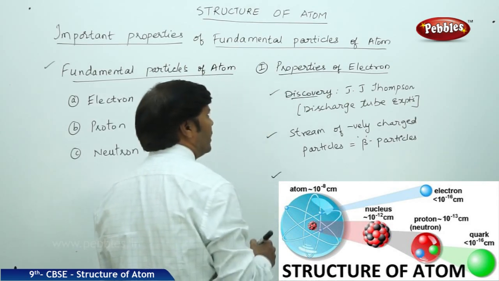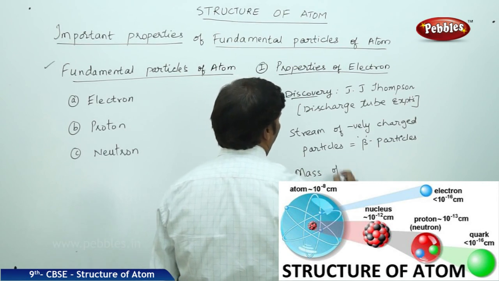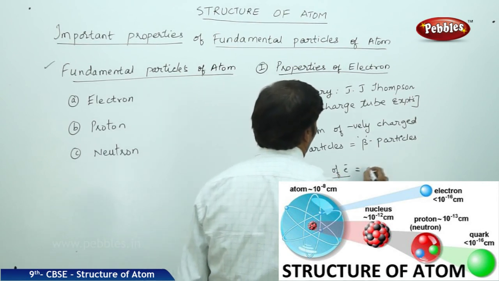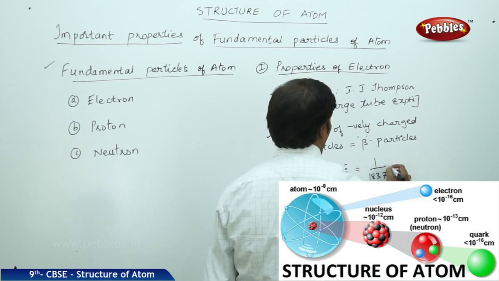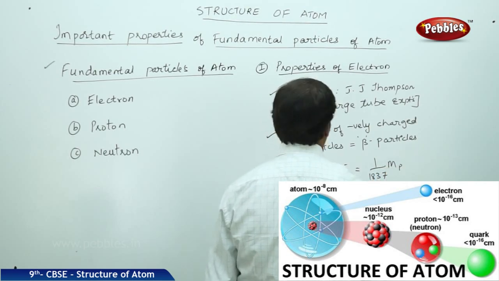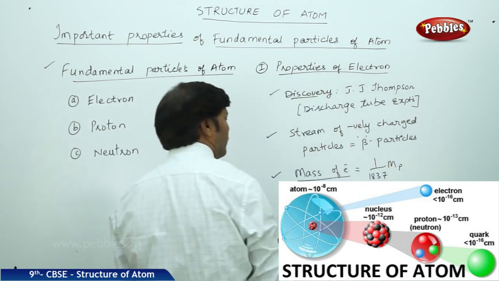If you take the mass of electron, it is equal to 1 by 1837 times that of the mass of proton.